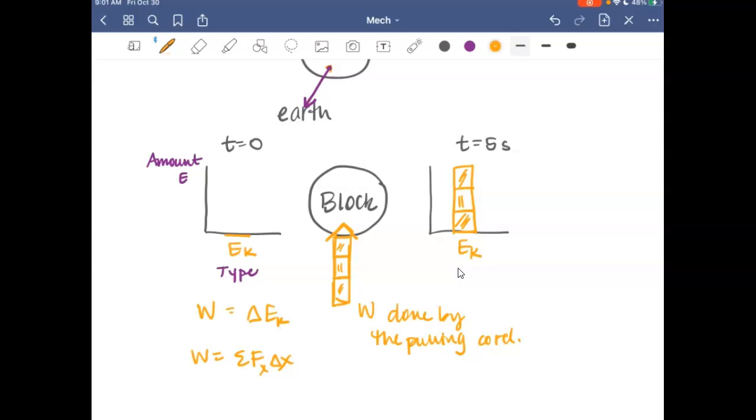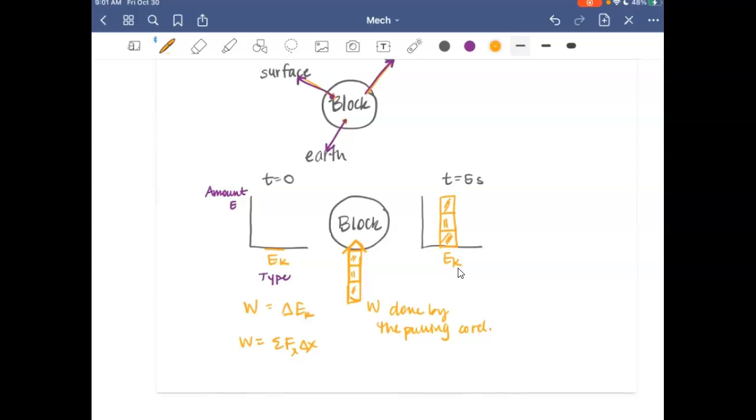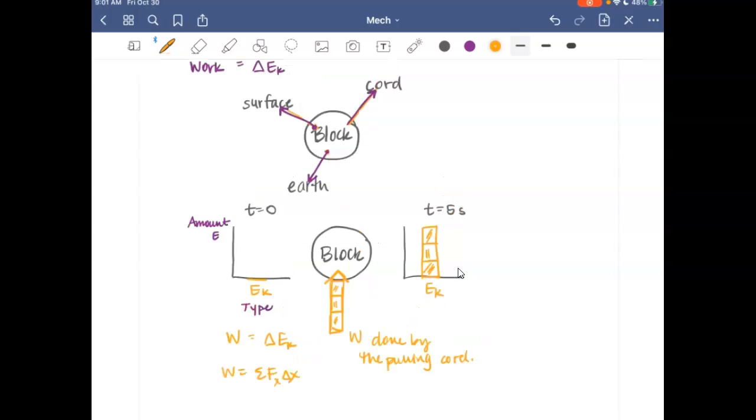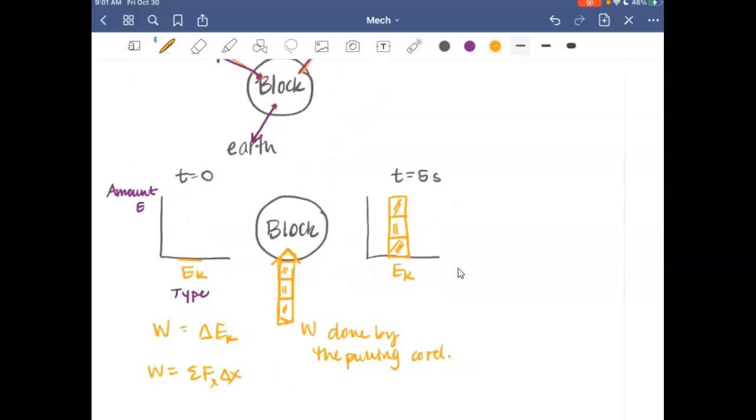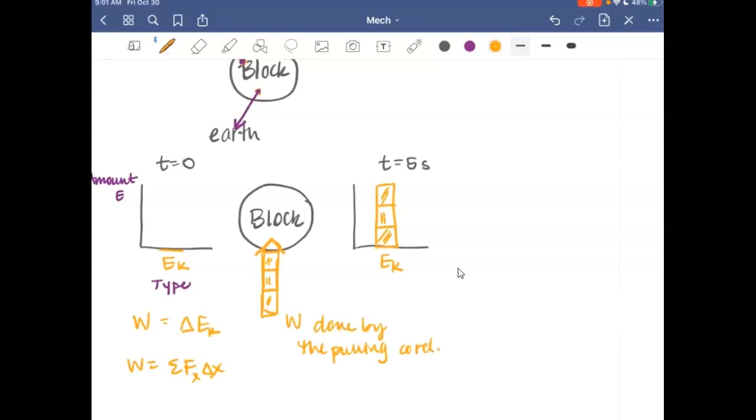The arrow going into the block just indicates that I have something outside of the system that I have defined that is changing my system. So work causes a change in energy.